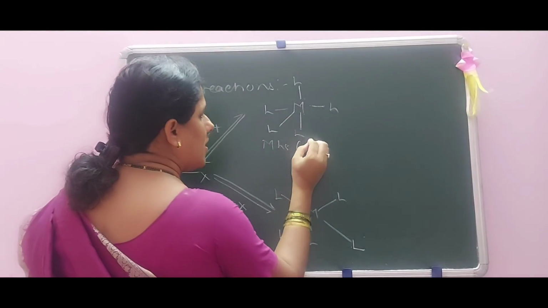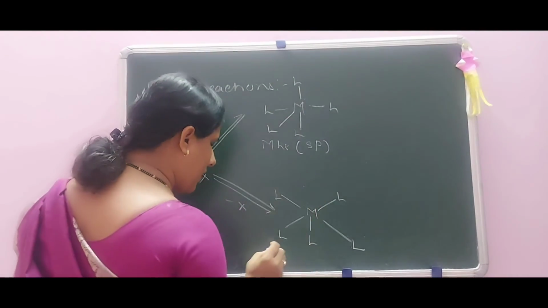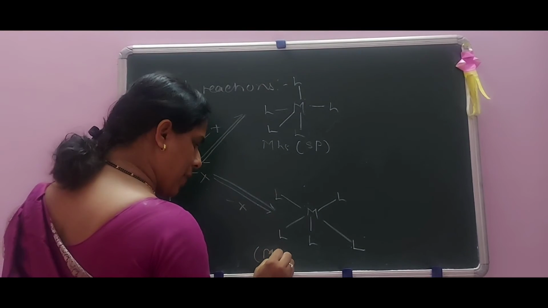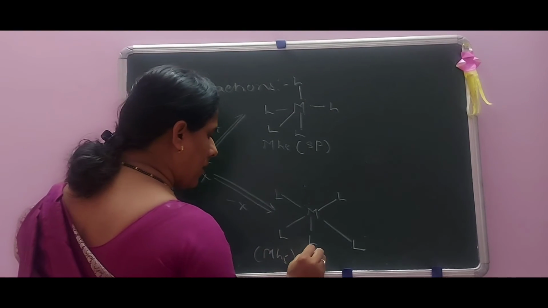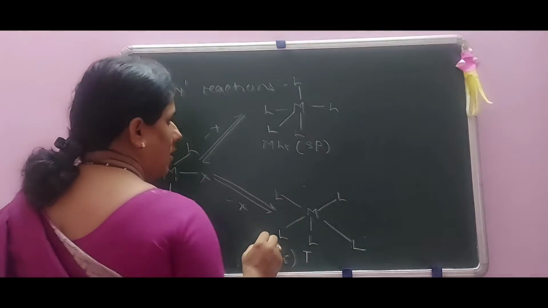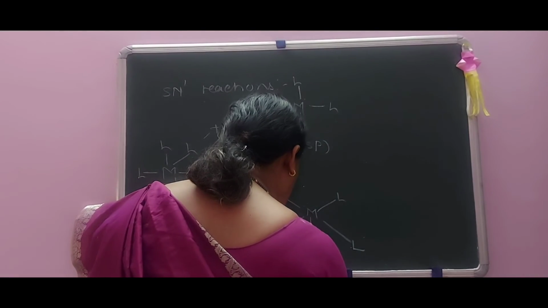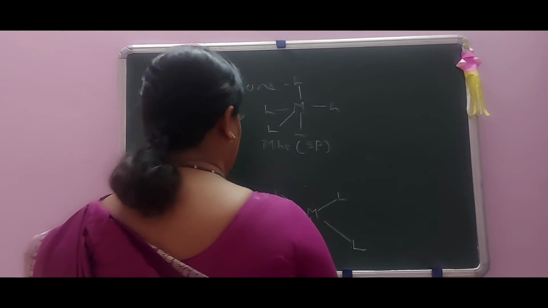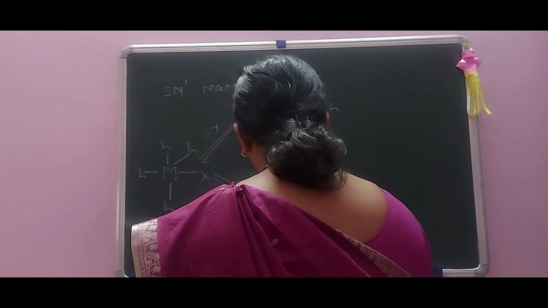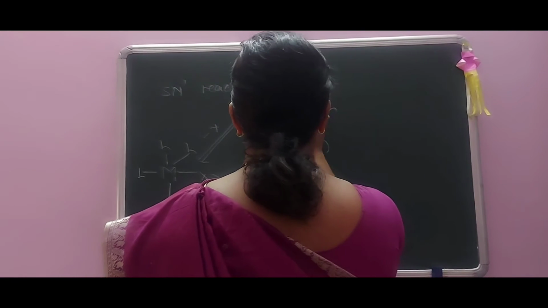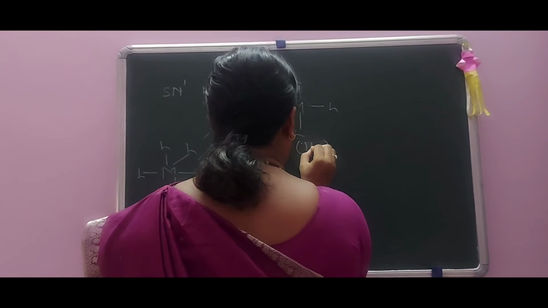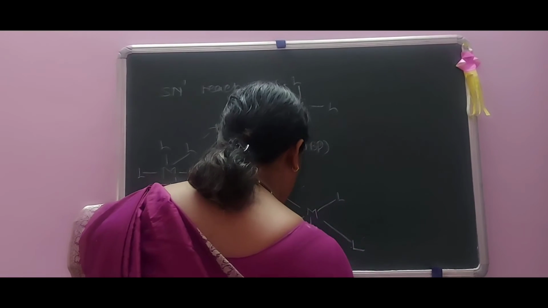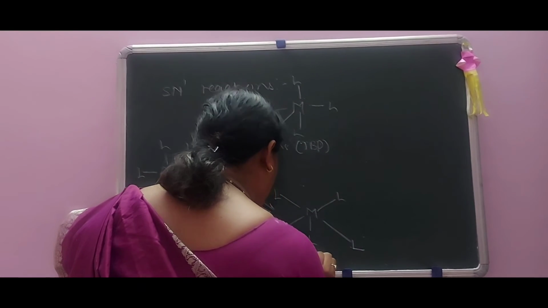The geometry of one ML5 is square pyramidal, and the other ML5 is trigonal bipyramidal, the TBP. This is the square pyramidal.